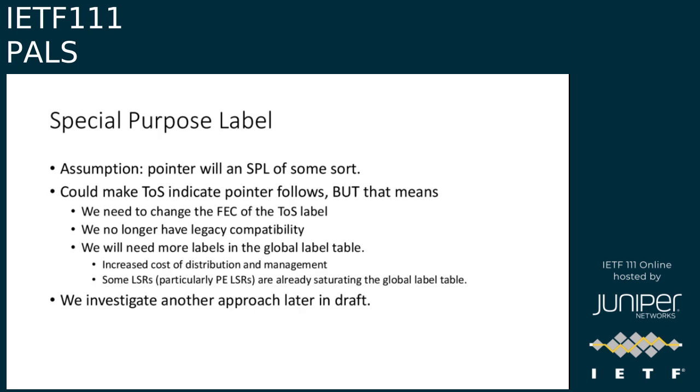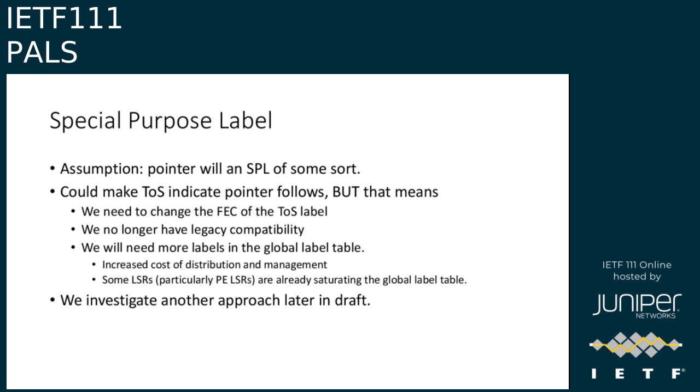So our assumption to start with is that the pointer will be a special purpose label of some sort, but we could make the top of stack indicator the pointer, but that means we need to change the FEC of the top of stack label.